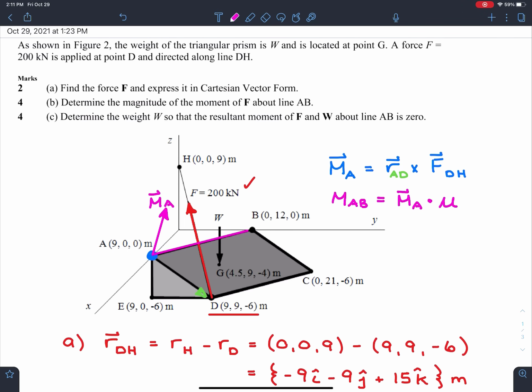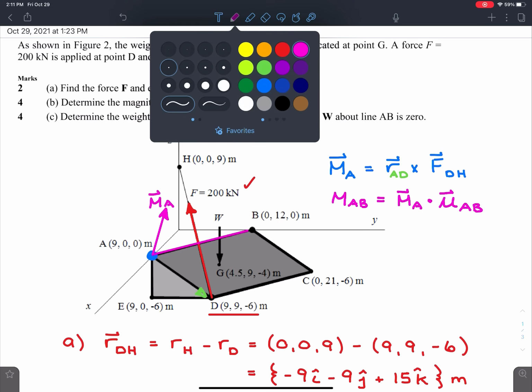As we remember, directions are defined by unit vectors, and the question specifically wants line AB, so the unit vector has to go from A to B. That's the trick. Once we have all these components, we dot them together and we have our magnitude.